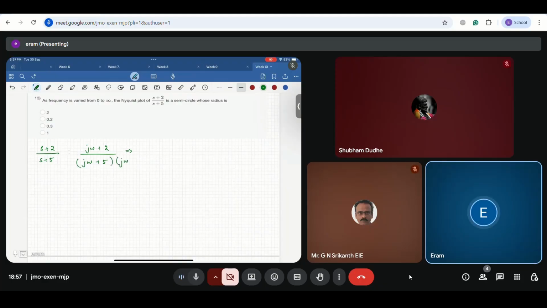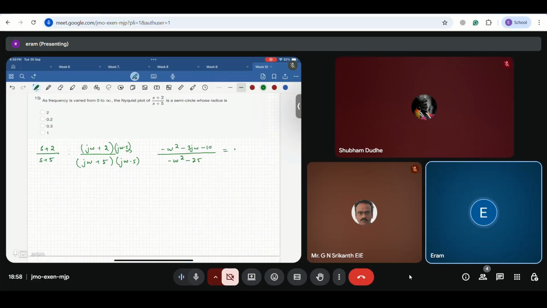So multiply by jω−5 in numerator and denominator. What will be the denominator? It will be minus ω square, and the numerator gives minus 5 minus 3jω and then minus 10.